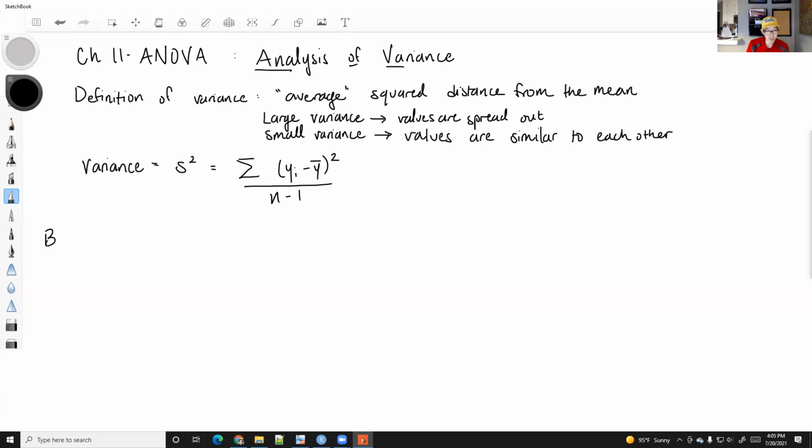And so this is our big idea of the chapter. Can we explain some of the variance with another variable?